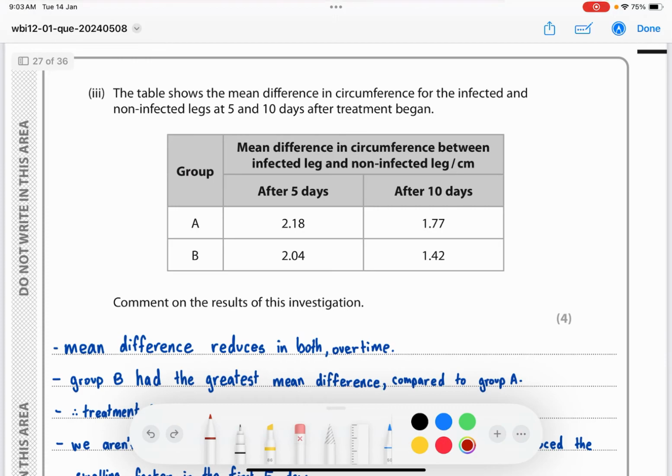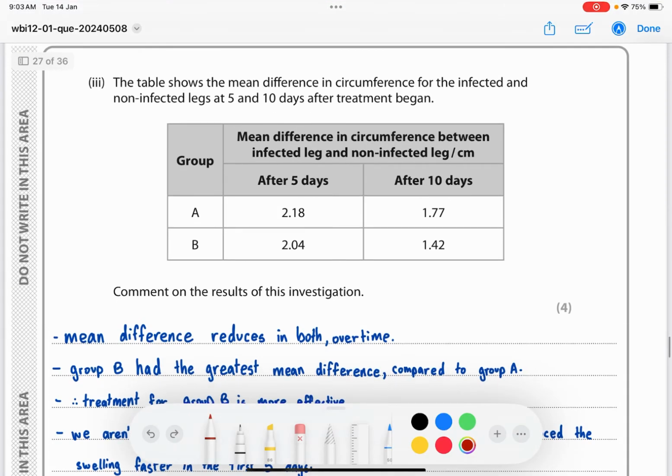So now we have part 3. The table shows the mean difference in circumference for the infected and non-infected legs at 5 and 10 days after treatment began.